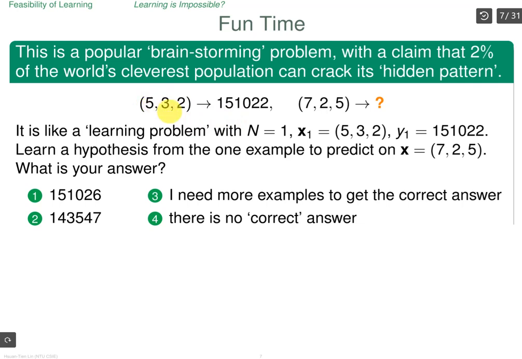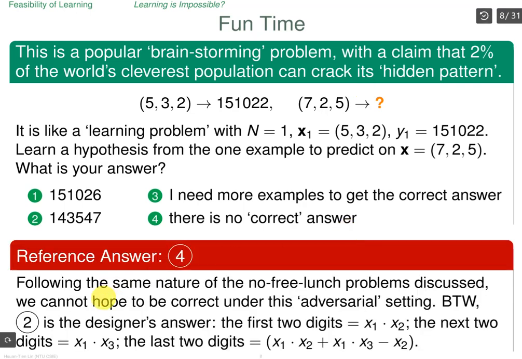Some person probably has a formula that will give us the following mapping, and it can be our target function, right? And then we need to come up with some reasoning that will give the answer to the following question. Here the reference answer is 4. There is no correct answer.